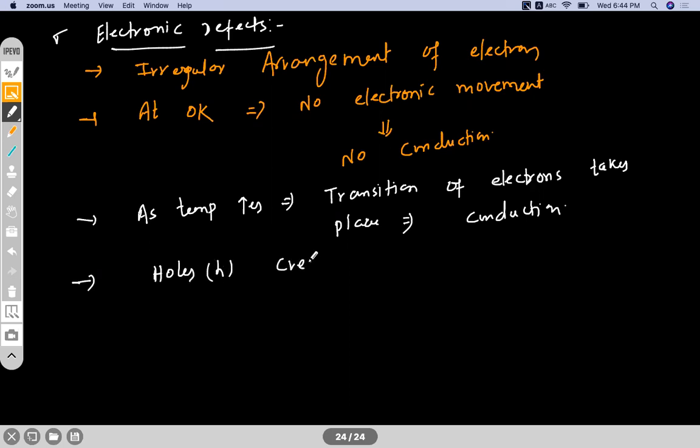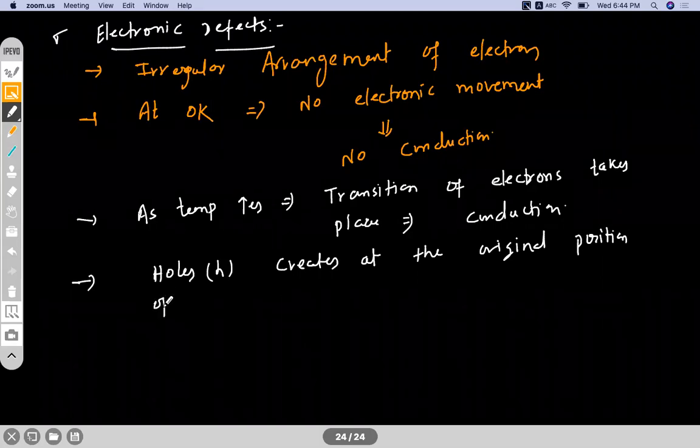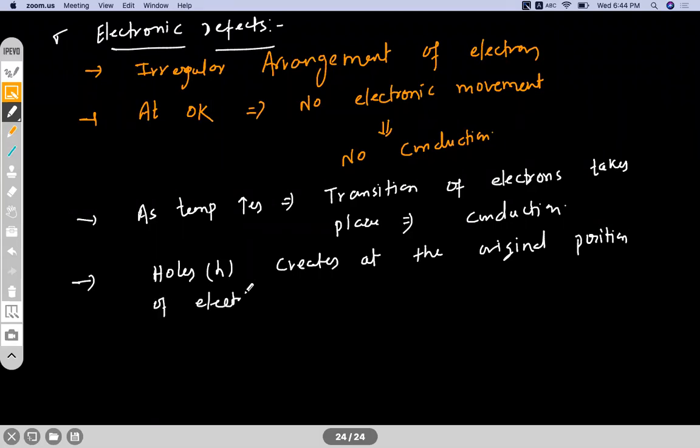Holes are created at the original position of the electron, where the electron was initially present.